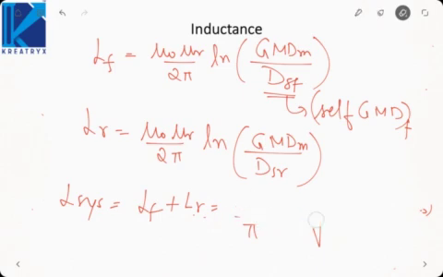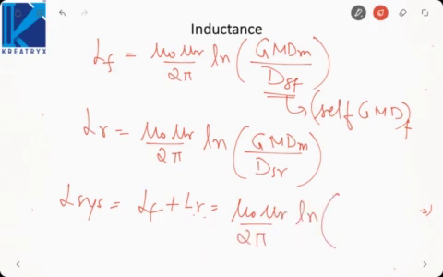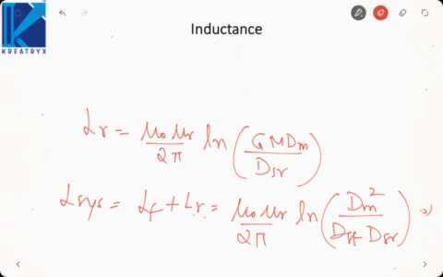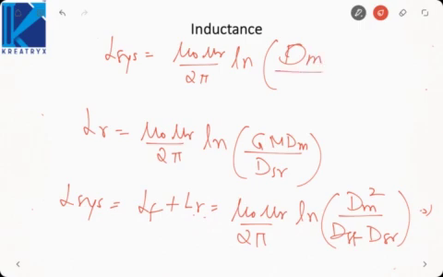or let me show you how it comes. Log will get multiplied. Let us say GMD mutual is DM, DSF DSR. Again we will take 2 outside. Mu naught mu r by 2 pi ln dm by dsf dsr into 2.